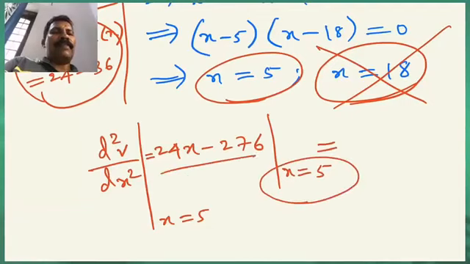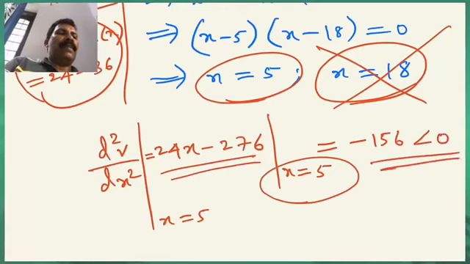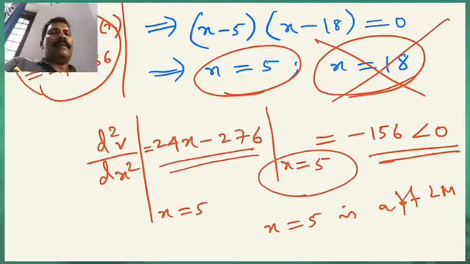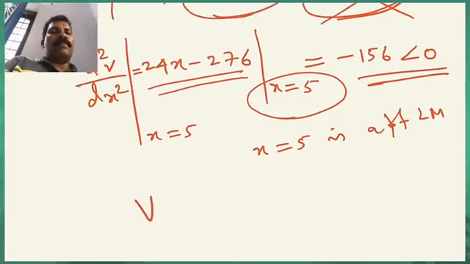When we substitute x equal to 5 in the second derivative, we get negative 156, which is less than 0. Therefore, you can conclude that x equal to 5 is a point of local maximum. That is, the volume will be maximum.